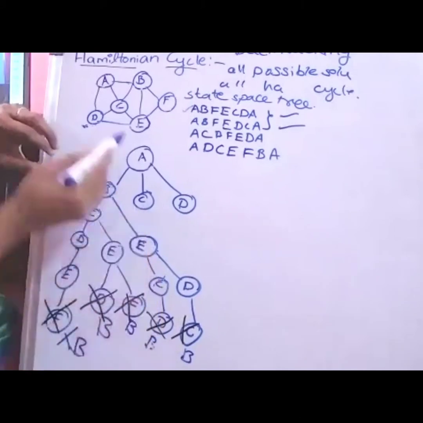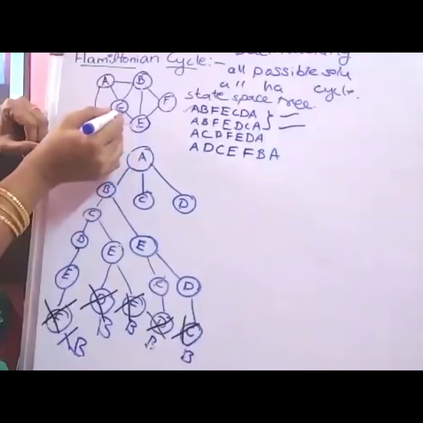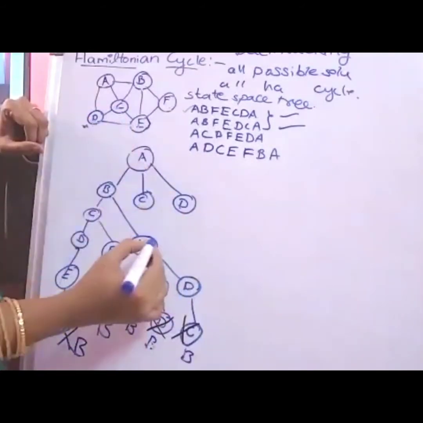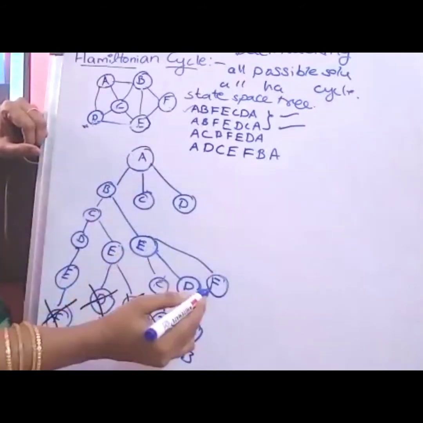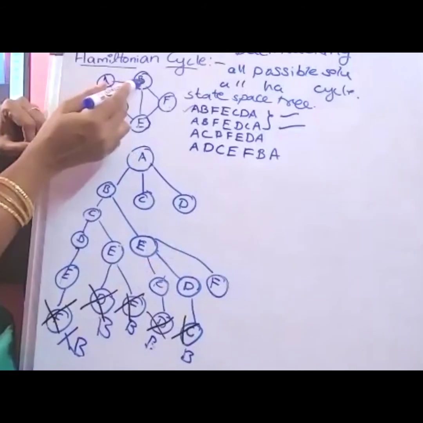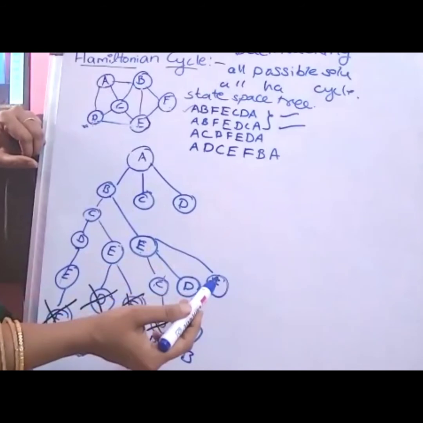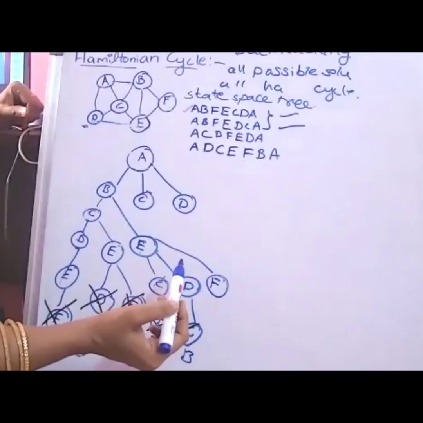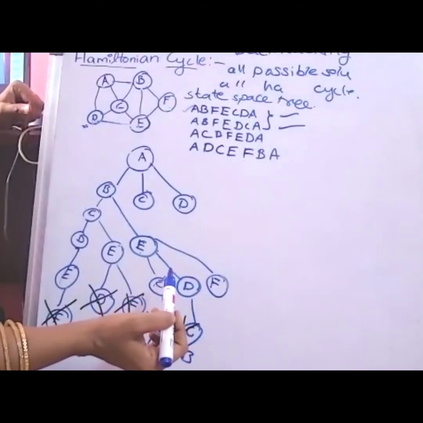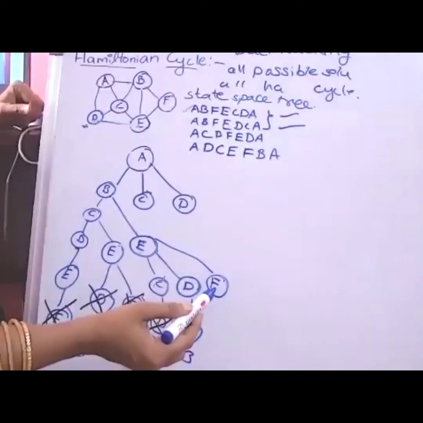Already with E, three paths are there: C, D and F. C I already covered, D I already covered. So I am trying to find one more possible solution with F. E to F. So in this way, A, B, E, F. From this point again, I need to try to visit the unvisited vertices.